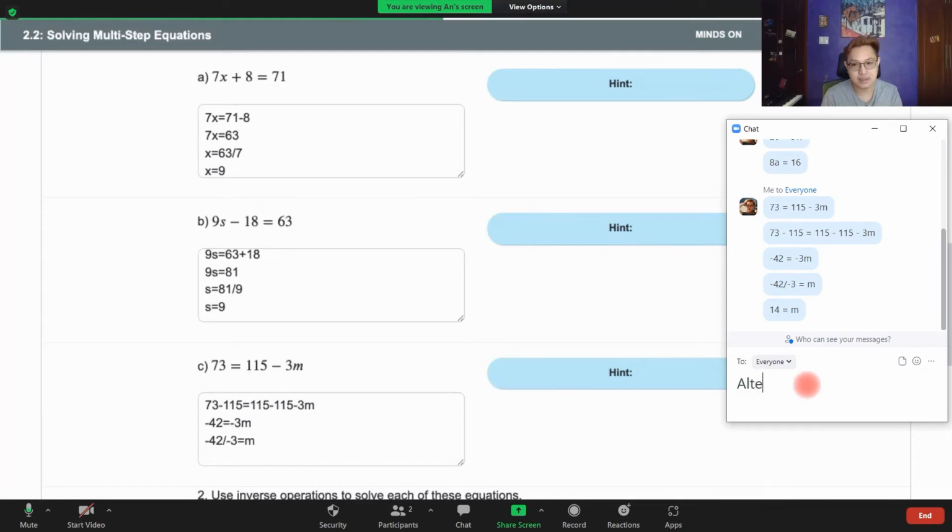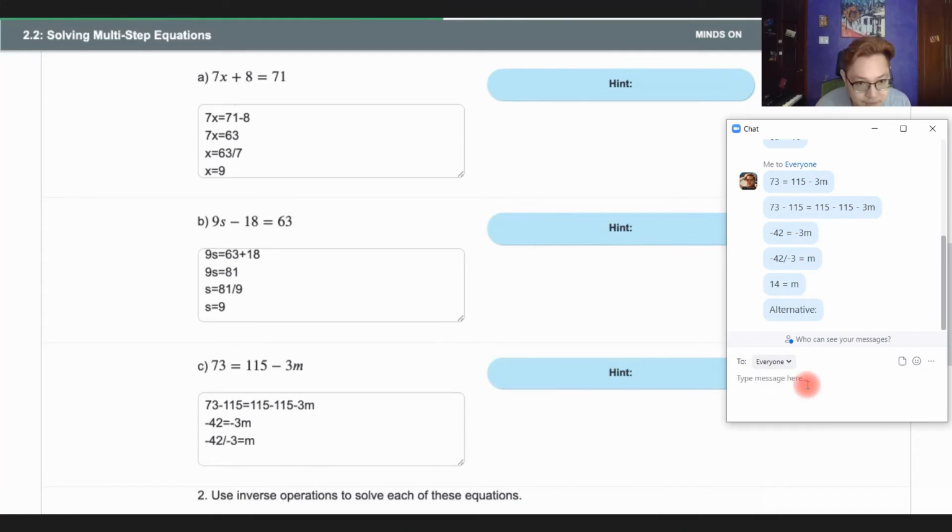So there's an alternative way to do this one. Try to not have to deal with a minus. So what can you do? 73 equal to 115 minus 3m. That's what it starts with. Since you know that's minus 3m, you can move minus 3m to the left side.